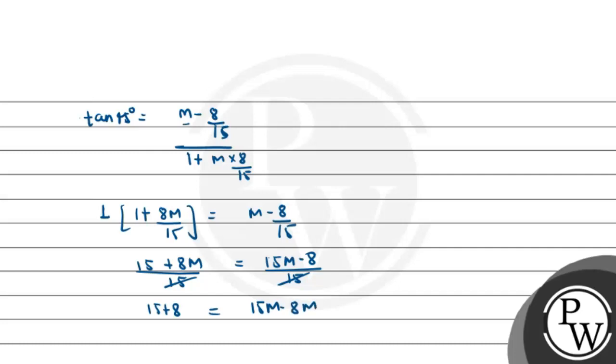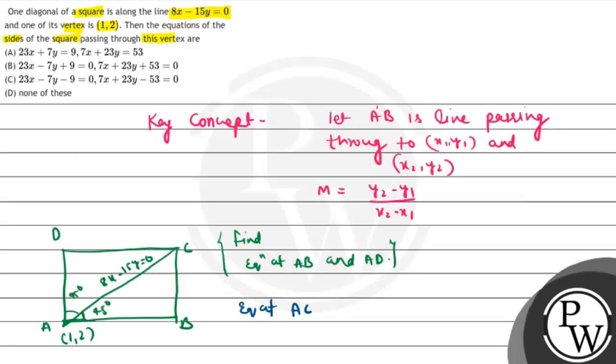So from here the value of m will be 23 upon 7. This is the value of m, and m was the slope of AB. So the slope of AB will be 23 upon 7.